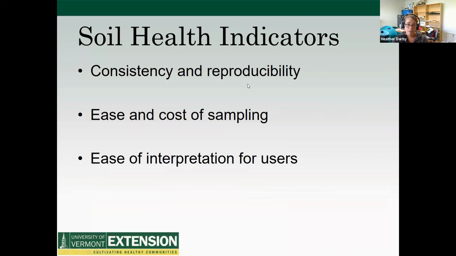Other important factors for the Cornell Soil Health Test to adopt an indicator are consistency and reproducibility. We have to remember that the majority of these tests are taken by people that are used to being in the field. They're not used to being in the lab.